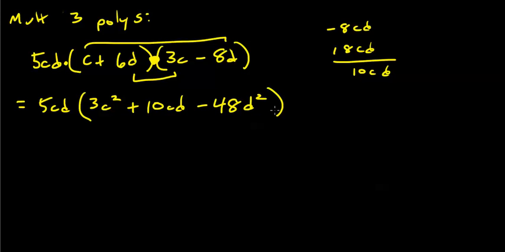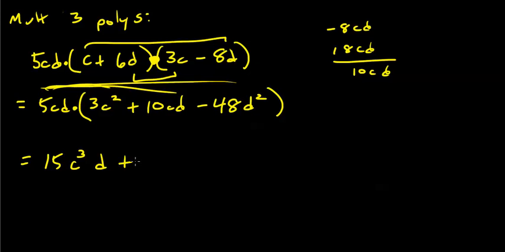Okay, so I successfully multiplied the 2 binomials, and don't forget you've got to multiply that through by the monomial 5cd. So basically I apply my distributive law, multiplying through here. I'll get 15c cubed d plus 50c squared d squared, and let's see, 5 times 48, I believe that's minus 240cd cubed.